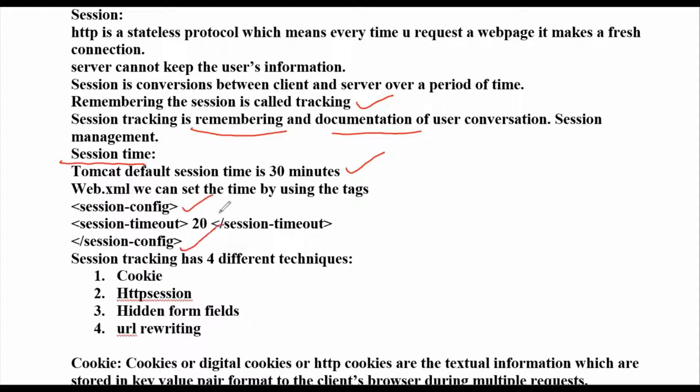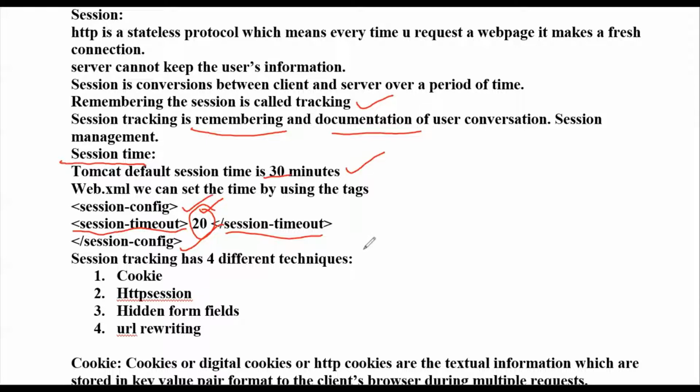So what is session-config? It is a tag wherein you can change the information related to the cookie, the lifetime of the cookie, session timeout and many other things. You can use the session-timeout tag and give the specified time if you don't want it to be 30 minutes, and then this is the closing tag of the session-timeout.